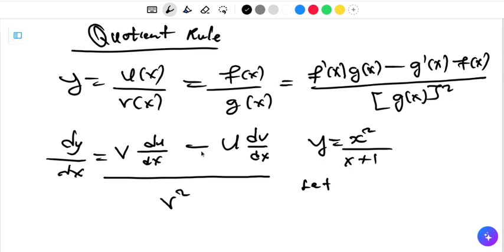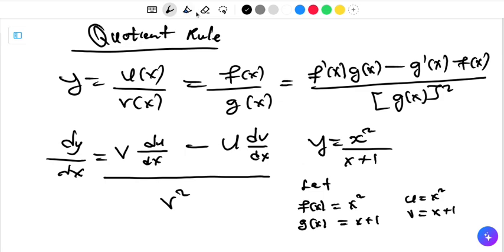Whether you select u or f, it is just the same. So let f of x be x squared and g of x be x plus 1, or you can say u is x squared and v is x plus 1. Let's see what we are going to have.